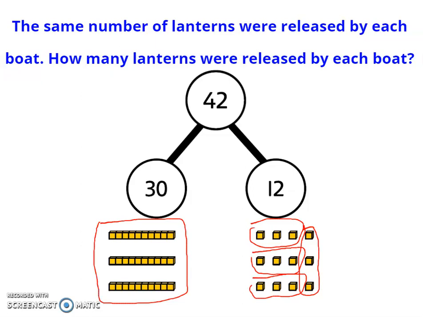So in my 10s, I managed to get one group of 10s. And in my 1s, I managed to get 4 groups of 1. And if I put these together, I've got my answer of 14.